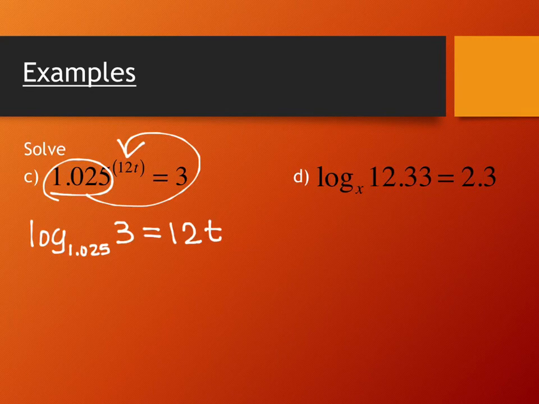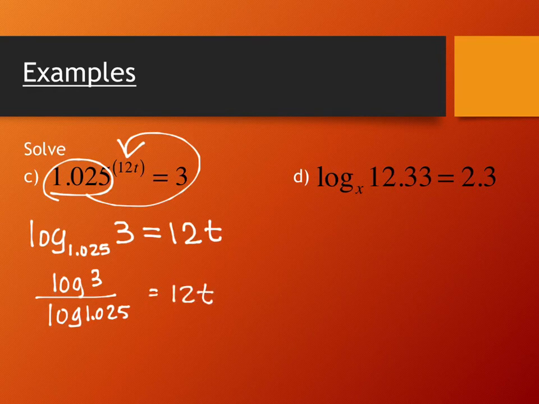So let's rewrite this in our log expression that we've currently learned. This is log of 3 divided by the log of 1.025, and it equals 12t. We will eventually divide this by 12, but you might as well get your decimal approximation first and then do your division.